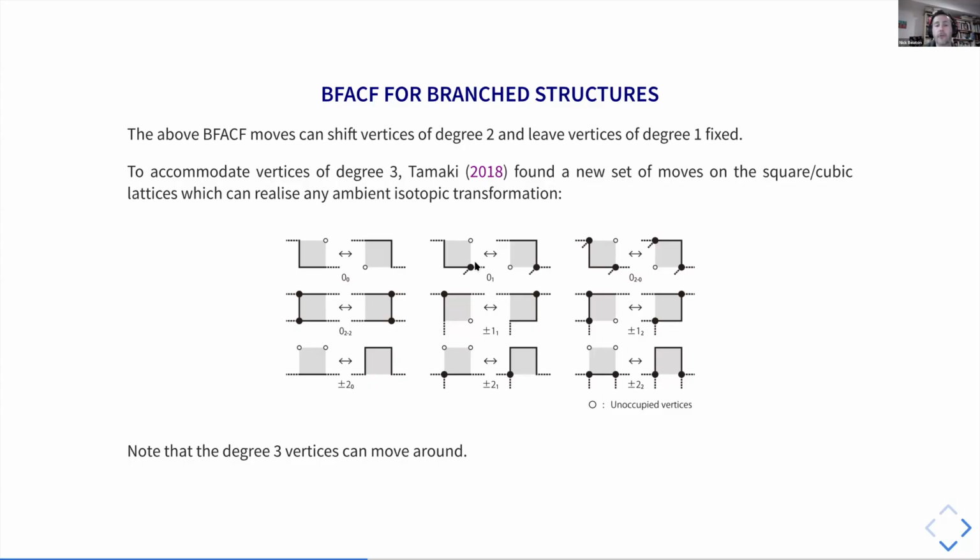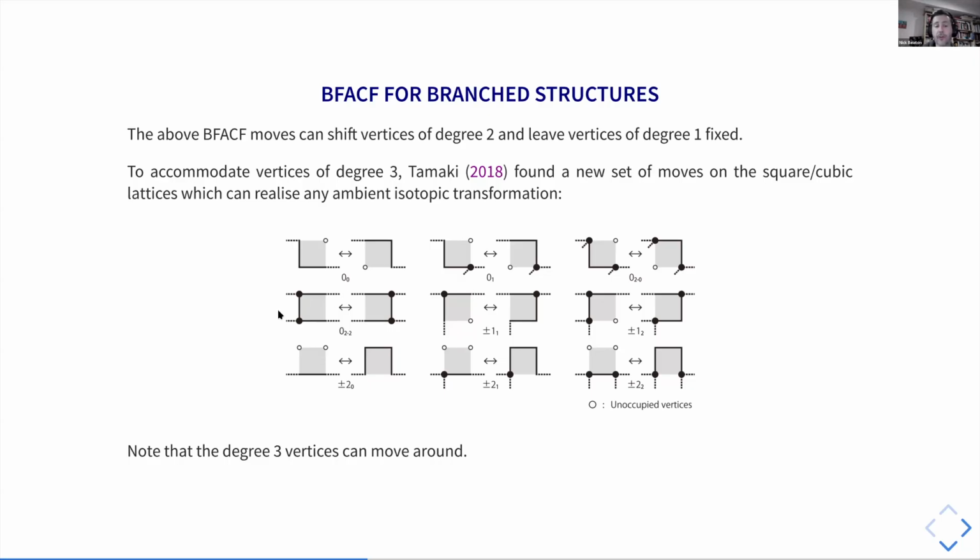If I've got a vertex of degree 3, sometimes I do a move near that vertex, but the vertex doesn't move. It's really these 3 here in the middle which are the very interesting ones because they move these vertices of degree 3. In this configuration, when those 2 vertices are right next to each other, and I've got a plaquette like this, then I can slide that edge along.